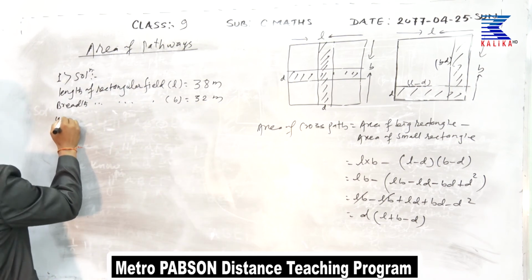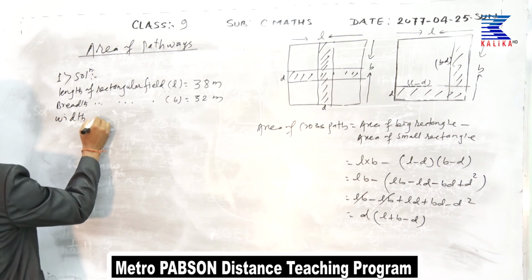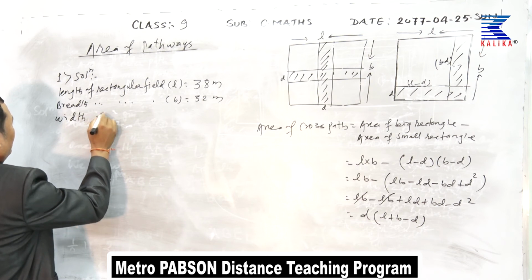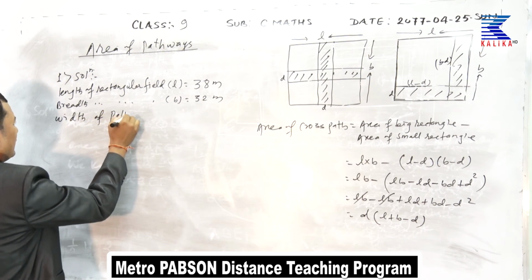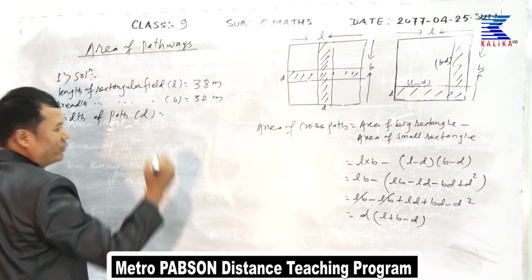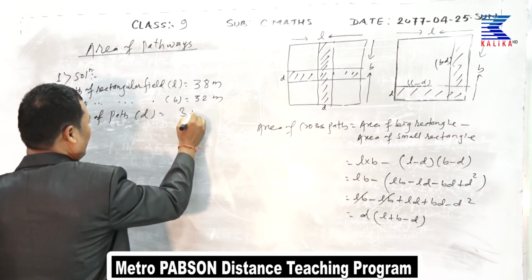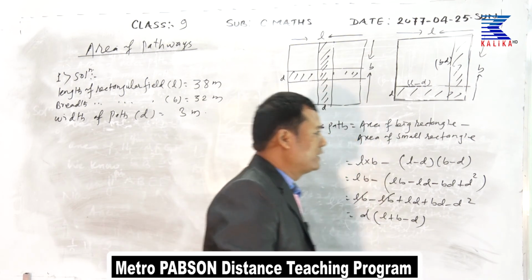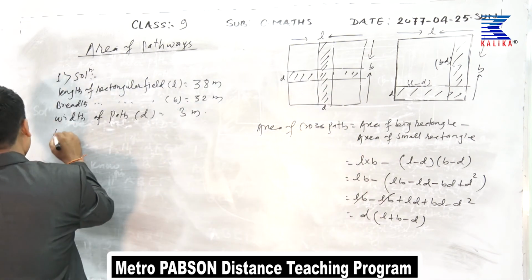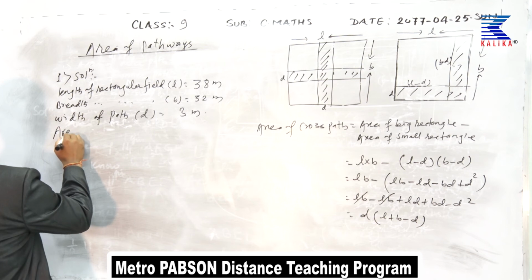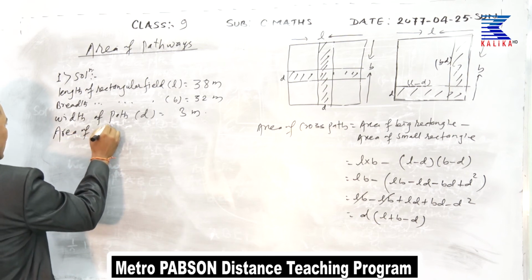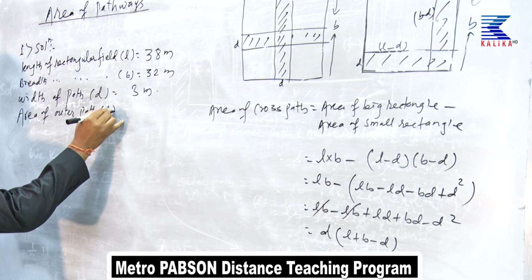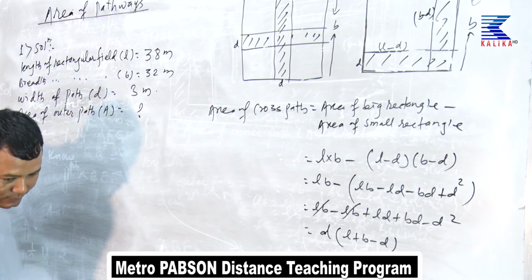Width of path D is equal to 3 meter. It is an outer path. Area of outer path A is equal to what?